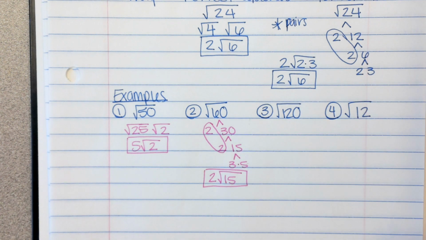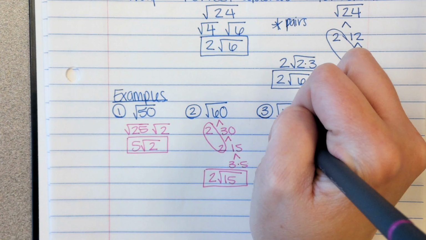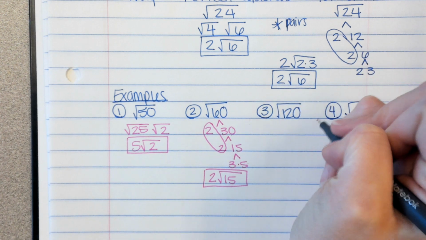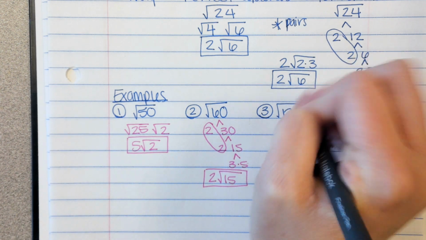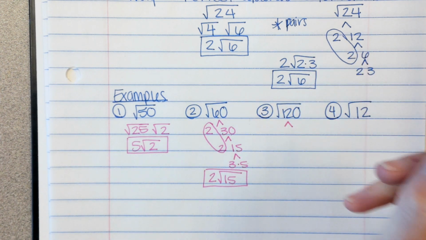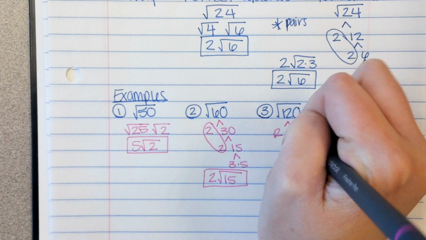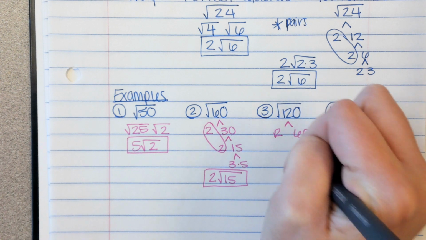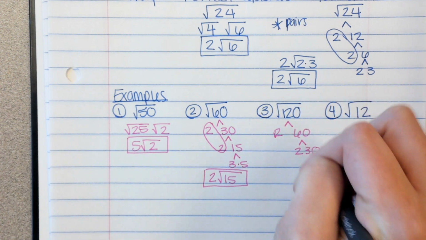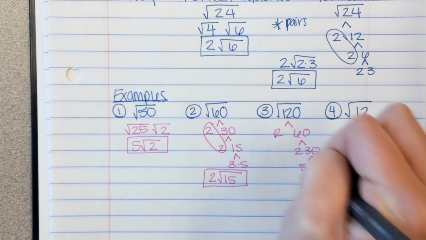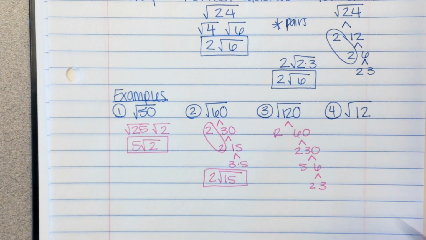All right, the square root of 120. I can't think of a perfect square right off the bat, so I'll say 2 and 60, and then 60 is 2 and 30. 30 is 5 and 6. 6 is 2 and 3.